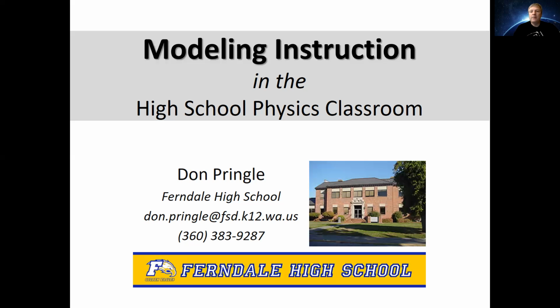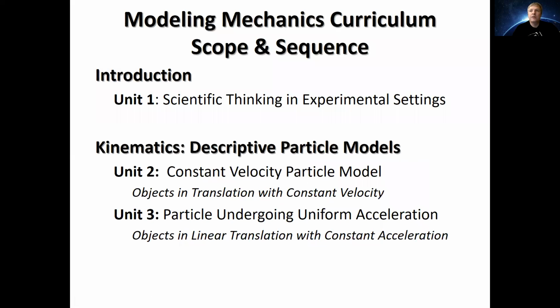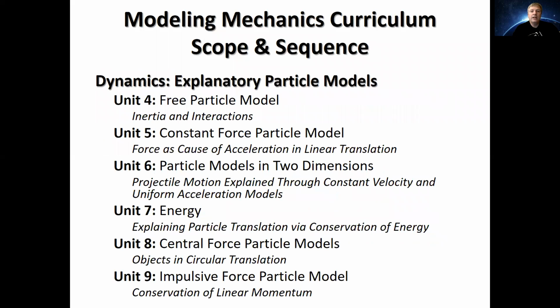So the curriculum is fairly expansive and would cover an entire year of physics instruction. It begins with a unit looking at scientific thinking in experimental settings. It then goes on to constant velocity and then uniform acceleration.